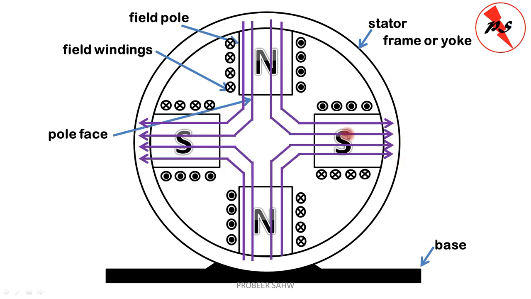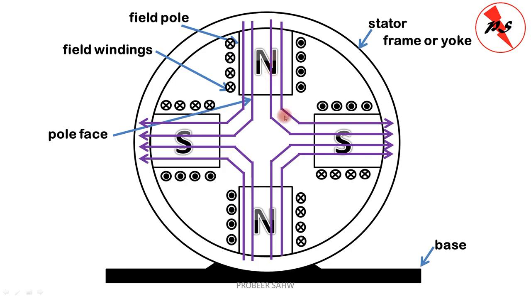Now the field lines that originated from the north pole and have entered the south pole will go back to the north pole, because we know magnetic field lines are always circular. So now these field lines will go through this frame or yoke. Remember, this frame or yoke is made up of ferromagnetic materials, so these are very susceptible to magnetic lines.